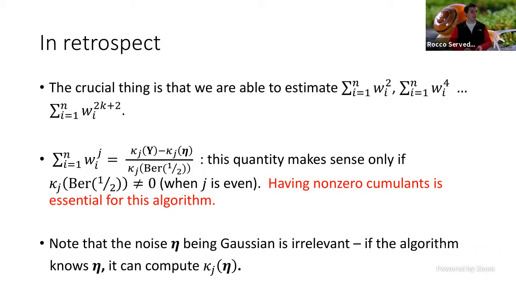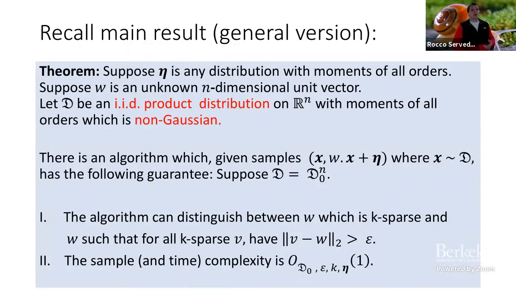As long as I know what the noise is, I can handle that no problem. But it's more challenging what's going on in the denominator. When we were dealing with these uniform +1 -1 bits, we know what those cumulants are and we can proceed. How are we going to handle a more general case? You can see already probably that if those cumulants are 0, we're going to be in trouble. And that's indeed what happens. So let me remind you now, and for most of the rest of the talk, I'll give you some sense of the argument behind the general theorem.